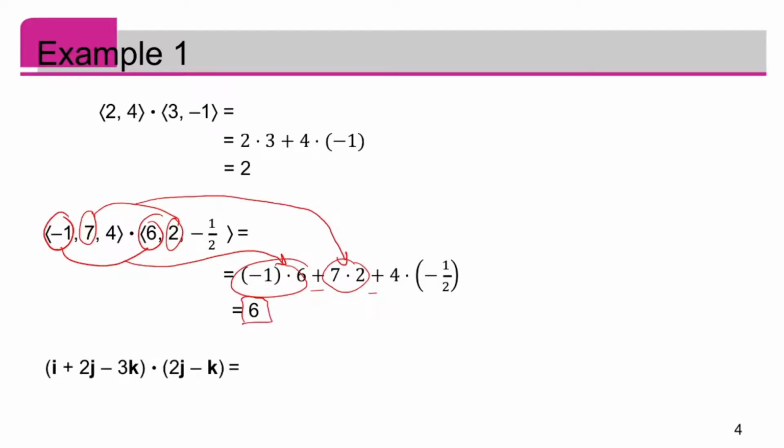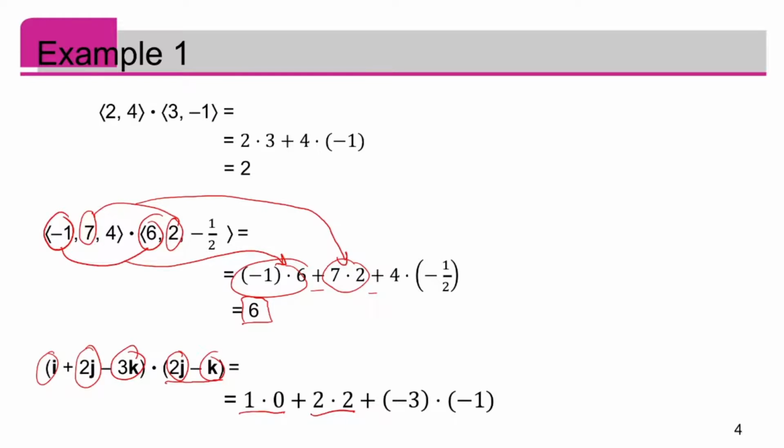Okay, so one more example. This is written in standard basis notation. Once again, you line things up. You'll notice that there isn't an i over here, and so the i component would be 0. Hopefully that isn't going to throw you too much. So you have the 1 over here times 0. Then for the j components, you have 2 times 2. And then for the k components, -3 times -1.